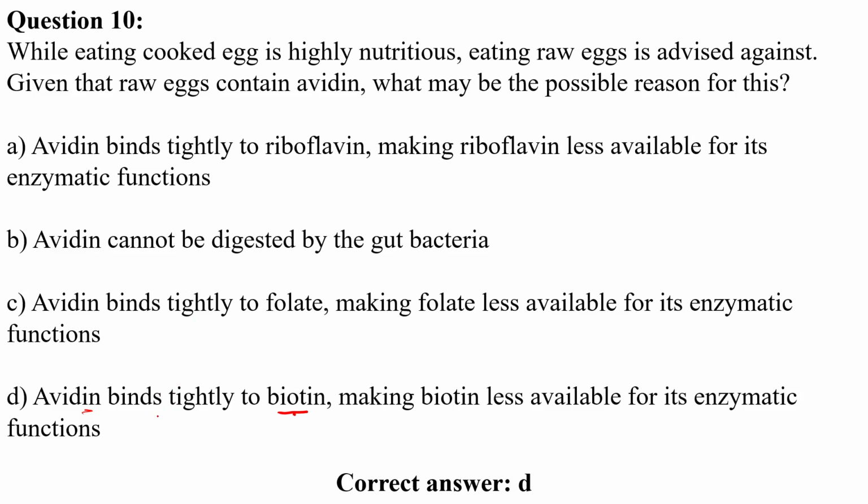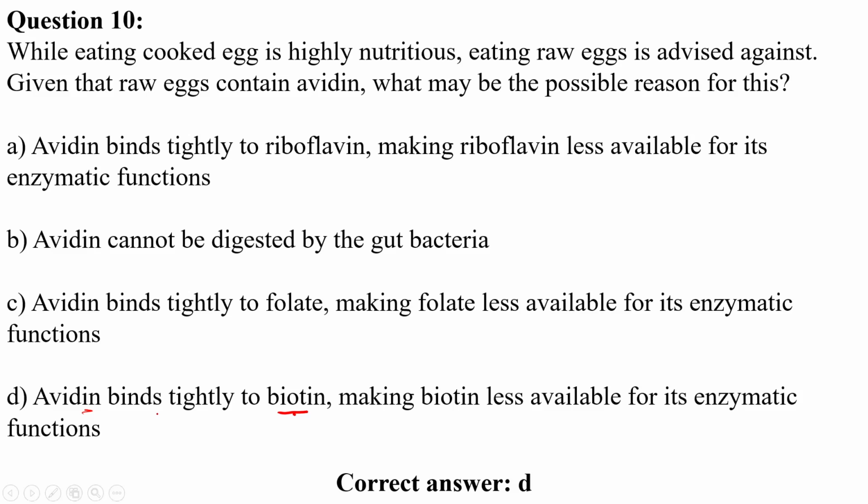Generally, if you are consuming boiled eggs, it is always advised to boil the egg properly. Hard boiled eggs are advised by the doctors to be eaten, because raw eggs contain avidin and it can cause biotin deficiency in the body, because whatever biotin is there in your food will be taken up by the avidin.